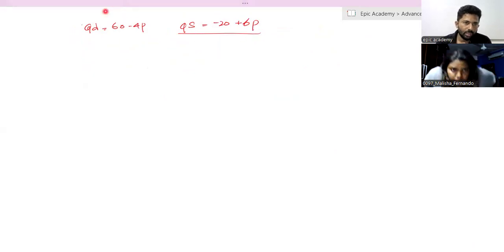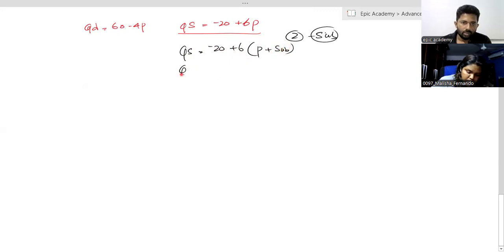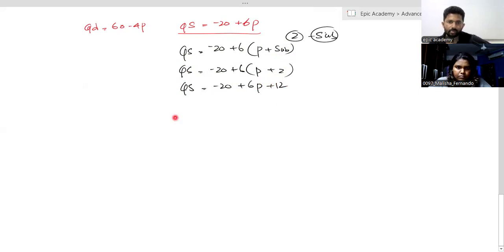But here, because of the 2 rupee subsidy, the quantity supplied becomes minus 20 plus 6 within brackets P plus subsidy. So QS equals minus 20 plus 6 within brackets P plus 2. Multiplying the bracket by 6 gives plus 12. So minus 20 plus 12 is minus 8. QS equals minus 8 plus 6P.